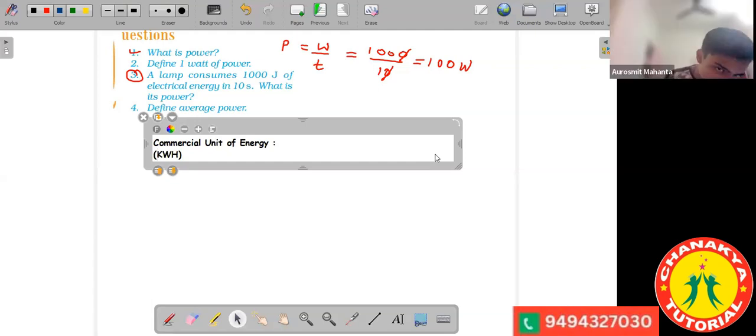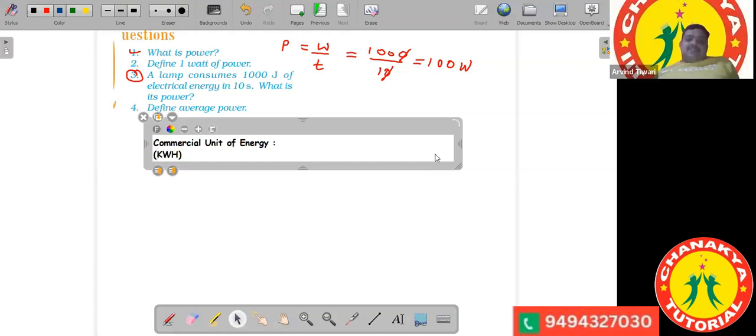Electricity, of course. When we are paying bills for electricity, we are paying for the energy that we have consumed. We are paying for how much energy we are consuming, right?